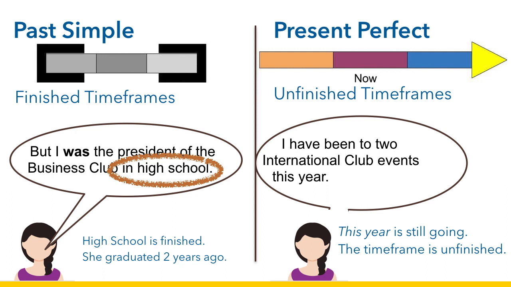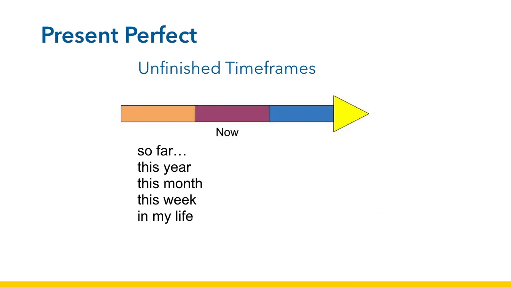However, she says, "I have been to 2 international club events this year." This year is not finished yet. It's still going. So this is a period of time that is unfinished, and we can use the present perfect here. Here are some other common unfinished time frames that we use with the present perfect.